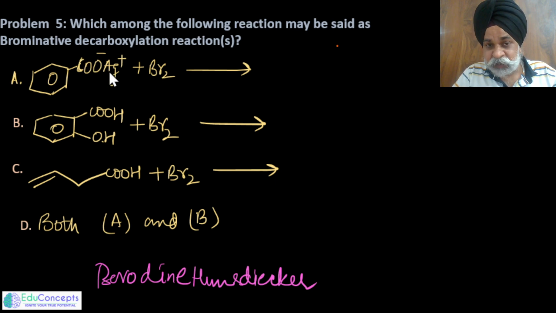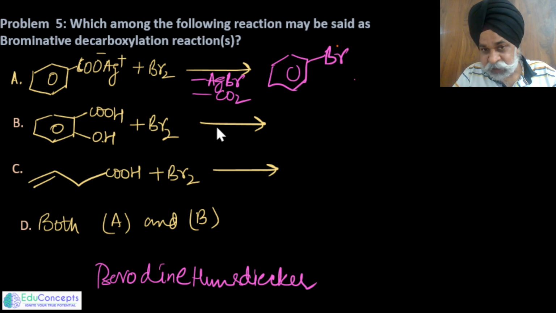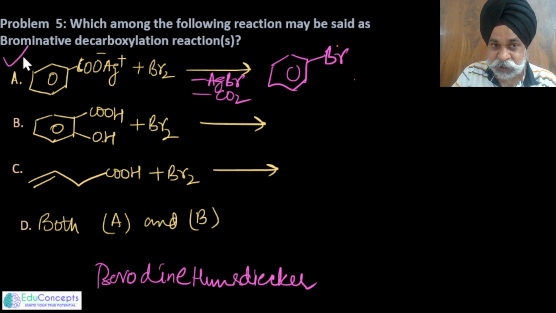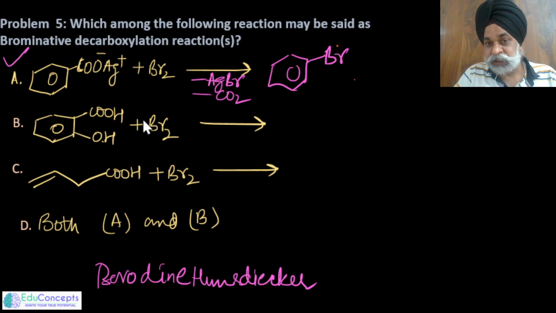Here the starting material, silver salt of carboxylic acid, is being treated with bromine. So AgBr goes out along with the carbon dioxide, and you end up getting bromobenzene. So we may say it has to be brominative decarboxylation. So this is the right statement. Why is it a right statement? As I just explained, because you have added bromine and there is a loss of carbon dioxide.